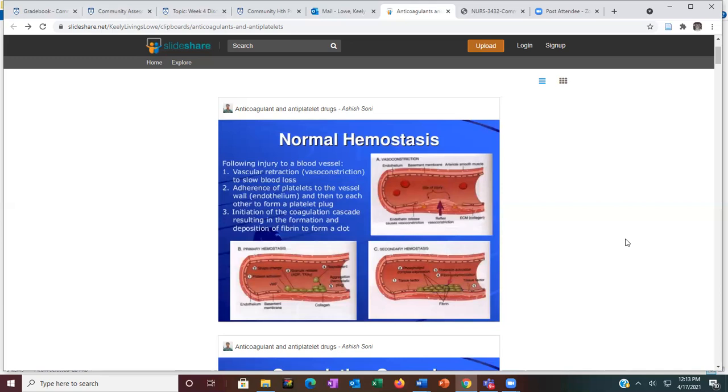Also, patients that have increased risk of blood clotting in other parts of the body. So, not just in the peripheral arteries, but clotting increased risks in places like the heart. So, patients that have AFib, patients that have mechanical valves.